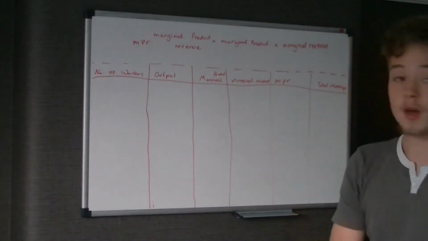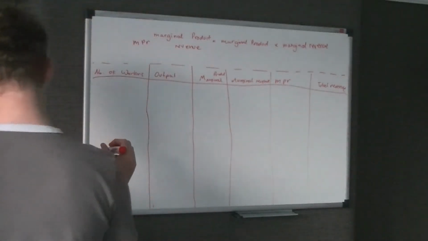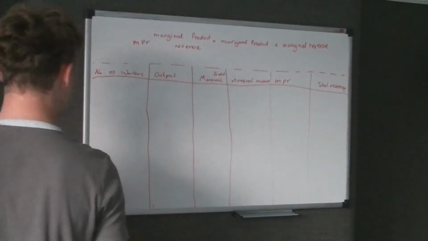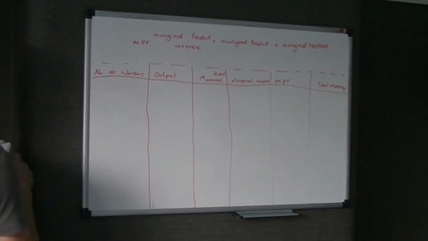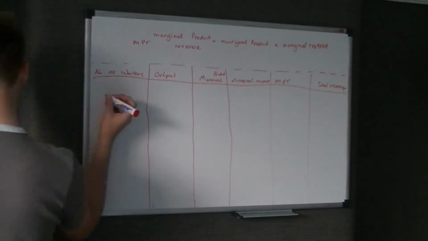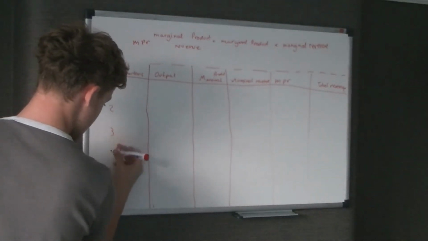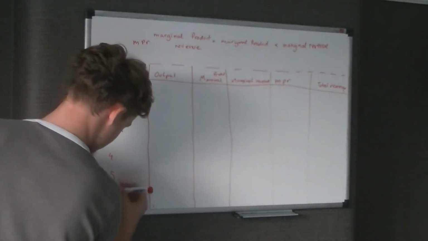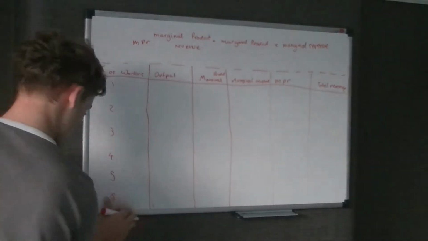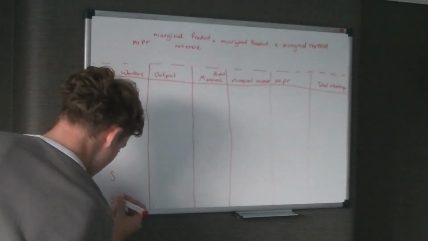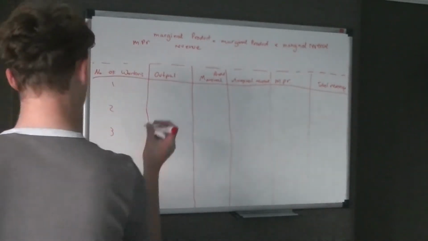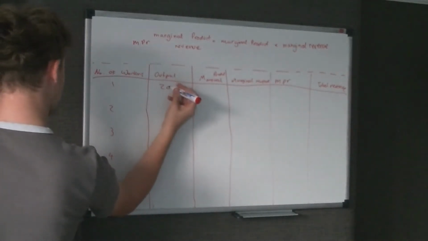These are the figures that you're given. You'll need to use this formula and manipulate it to work out the other columns. For the number of workers, write down 1 to 6. Total output for 1 worker is 20.